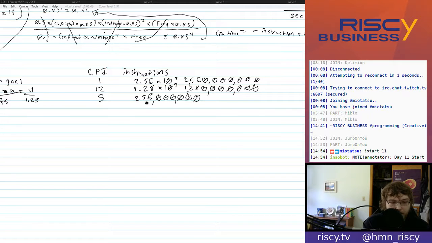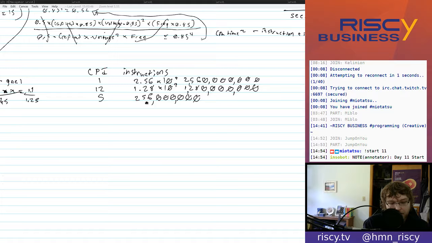So let me see here. And both processors are 2 gigahertz. Or wait, both processors. I thought this was a single processor. It says assume that each processor has a 2 gigahertz clock frequency. But before that, we were talking about a single processor.